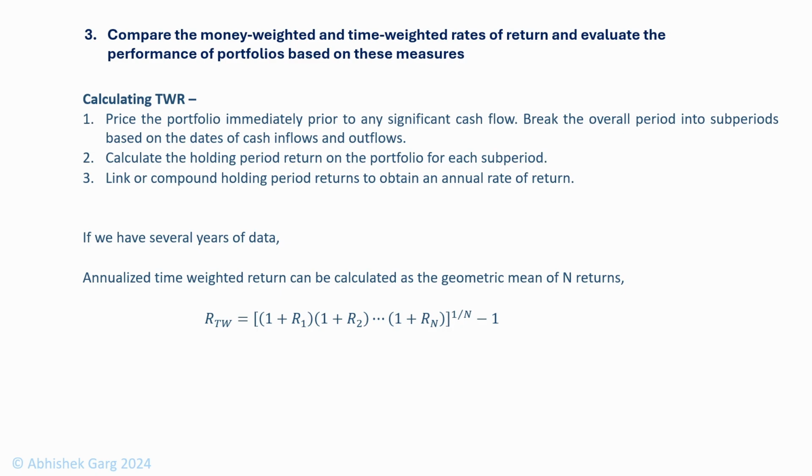The time weighted return is a geometric mean of all the sub period returns. The annualized time weighted return is the geometric mean of n returns. So this is the formula for time weighted return. It's similar to the geometric mean return that we calculated before.